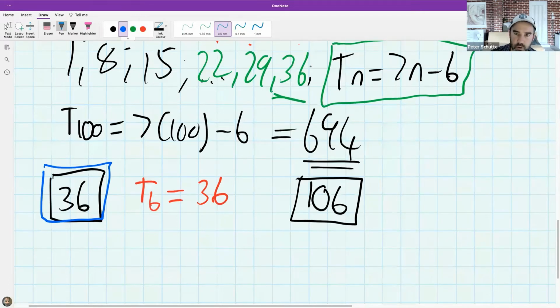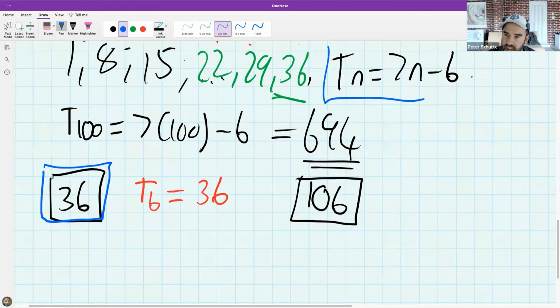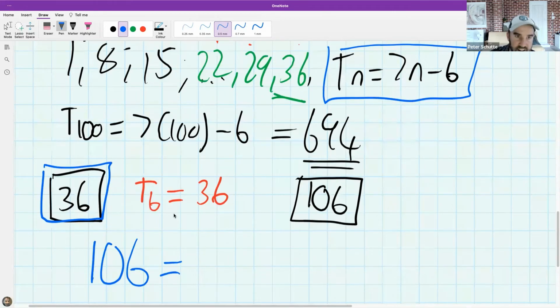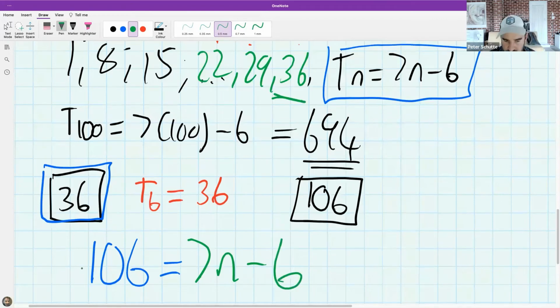Maybe I should give it some blue color. And we use this formula to work out the relationship. I want to know if 106 is in this number pattern, so I'm going to substitute in 106 for the term value, and then try to solve this equation.